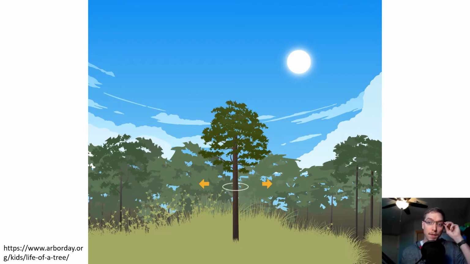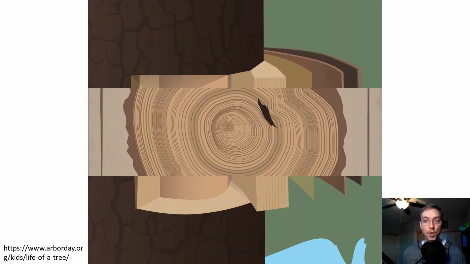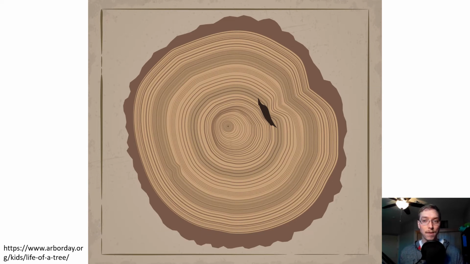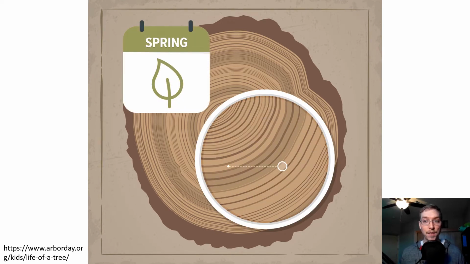Each year, for the 62 years this example tree has been growing, it has added a new ring of xylem cells to the trunk. If a slice of the tree could be viewed, it would look like this. Each ring in this tree cross-section represents another year of growth. Every spring and summer, a tree adds a new layer of wood to its trunk.